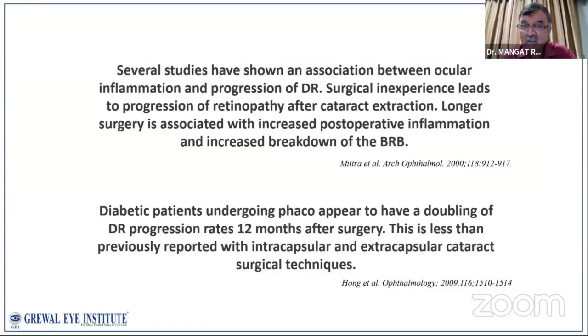Long surgery is associated, we know, with increased post-op inflammation and increased breakdown of the blood-retinal barrier, so definitely it will lead to worsening. Diabetic patients undergoing phaco appear to have a doubling of diabetic retinopathy progression in 12 months after surgery, which is of course much less than intra- and extracapsular surgery, which we had seen in the past.